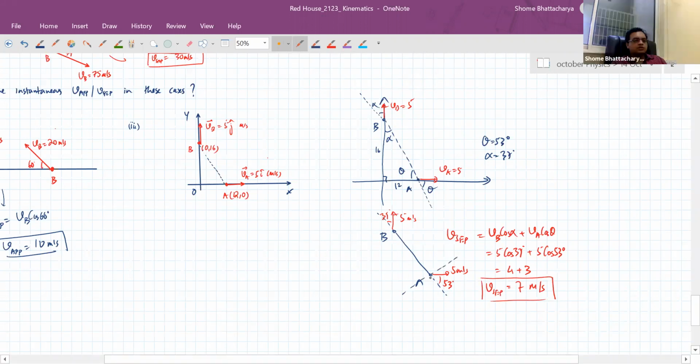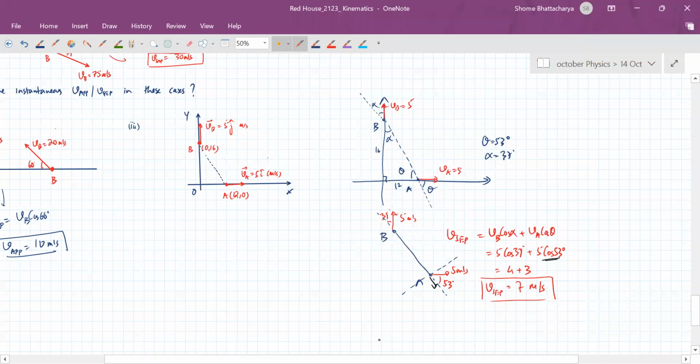So it contributes a separation, not an approach, because it's going directly away from B. So that is the 5 cos 53 term, right? And similarly, B's velocity has a component away from A. It's not a component towards, it's away from. So that's why they're both adding up. Yes, sir. Thank you, sir.